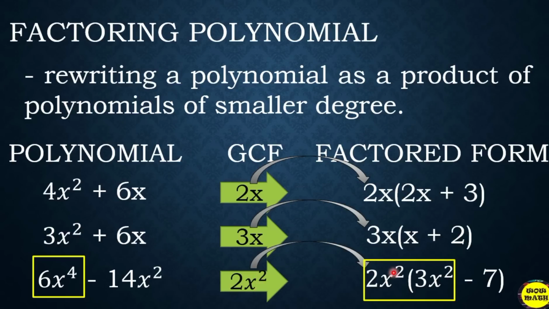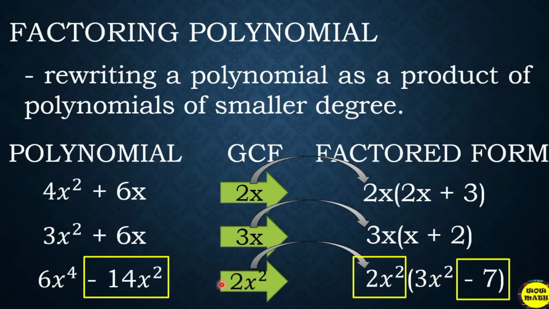Pwede rin naman yon, mag-times ka or reverse, i-divide mo siya. Okay? So, next, we have, ito rin. So, 14 divide 2, that is 7. And then, x squared divided by x squared, makakancel na yan, kaya 7 na lang. Now, since this is subtraction, so this is minus. Okay?